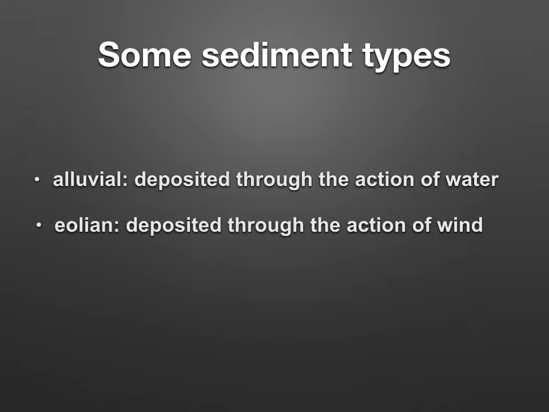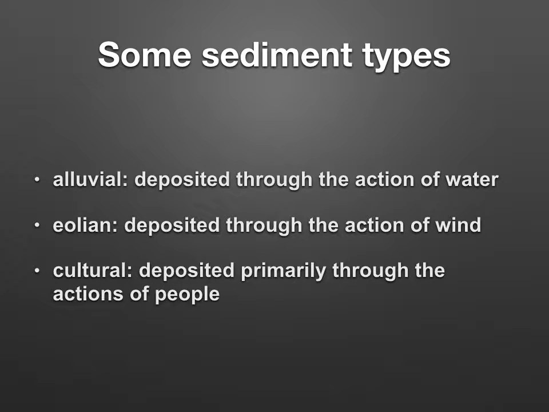Some other types of deposits that you come across other than alluvial, you have something we call Aeolian deposits or Eolian deposits. Those are deposited through the action of wind. So sand dunes, for example, are a good indicator of this type of Aeolian deposit.